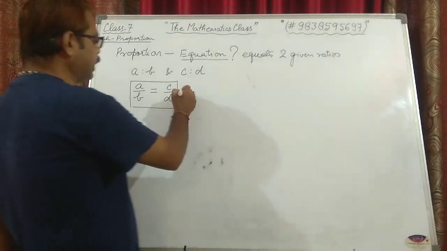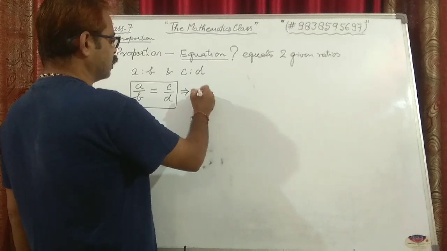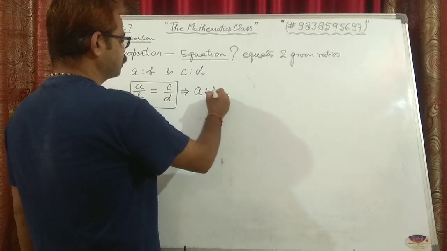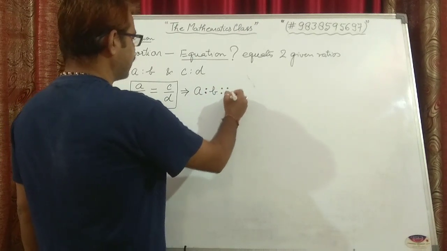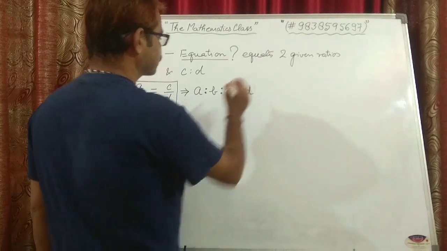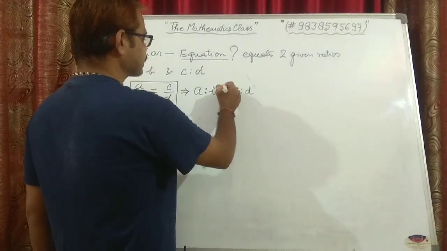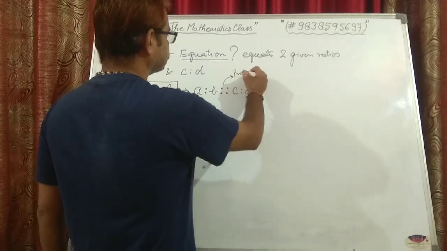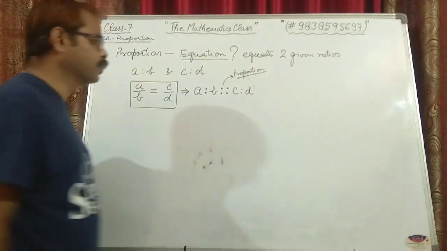Now how to write it in the form of proportion? We know ratios are written as A is to B, then you will place 4 dots and then C is to D. This is how proportion is written. This is the sign for proportion, 4 dots.